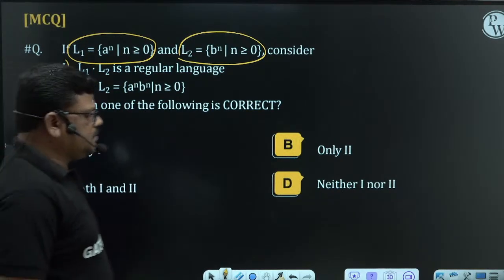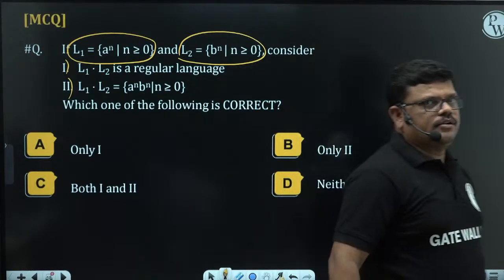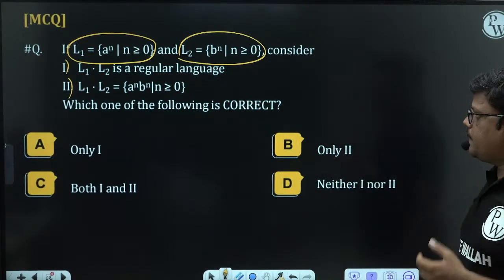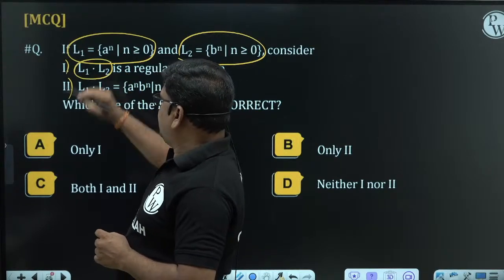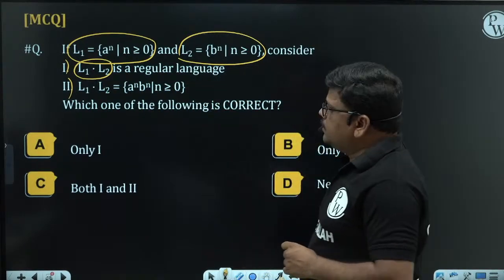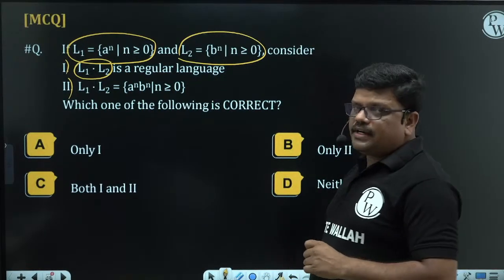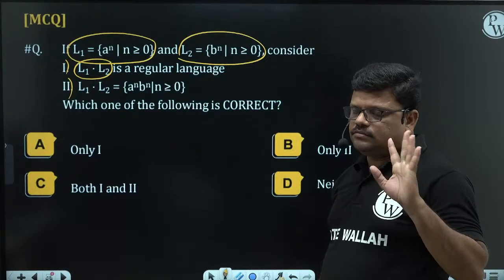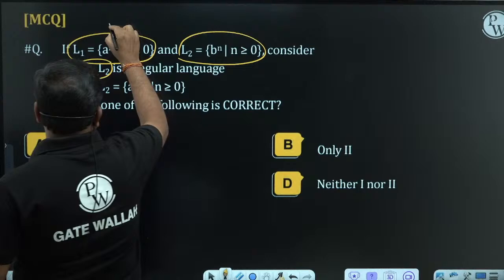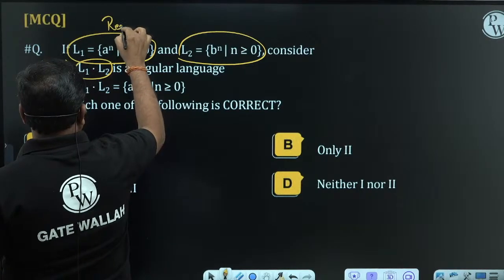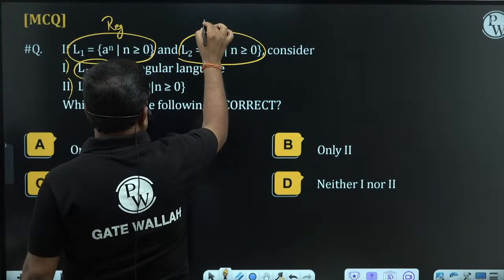That is the first statement. So is the regular language closed under concatenation or not? Look at the table, it is closed. So this is a regular language, we know.